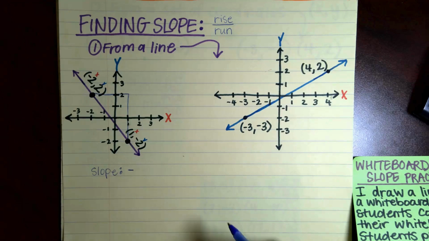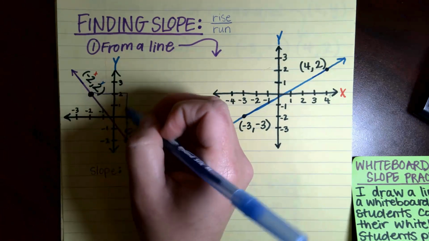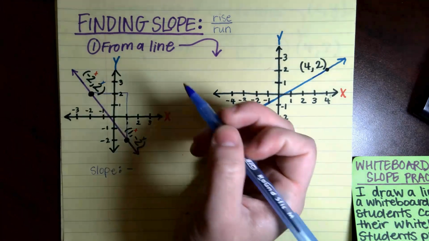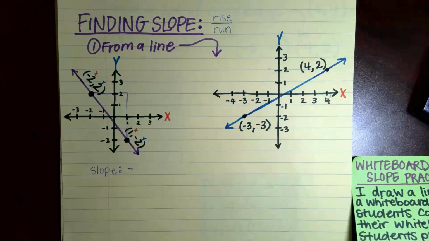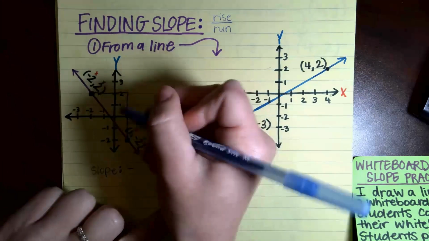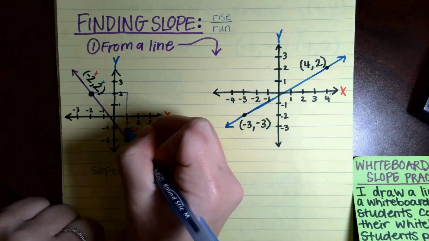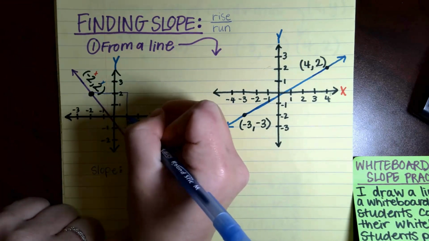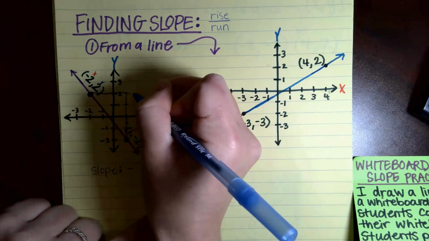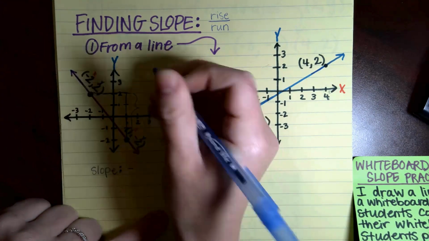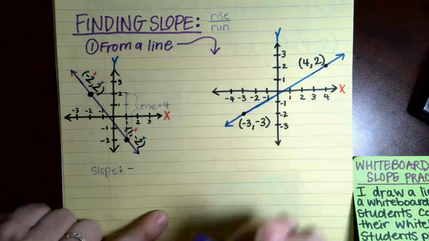Now, all I need to do is count how many tick marks I'm moving in the rise direction and how many I'm moving in the run direction. I'm going to start from this bottom point, and I see that I have 1, 2, 3, 4. So right here, I just found out that my rise is 4.